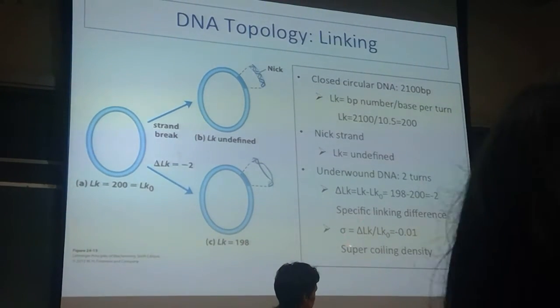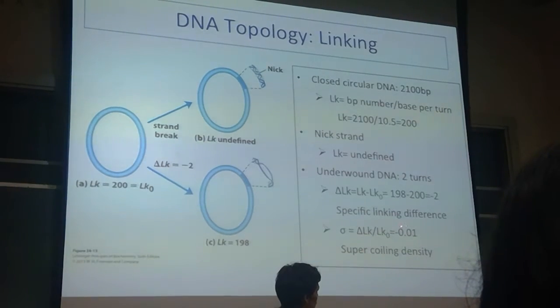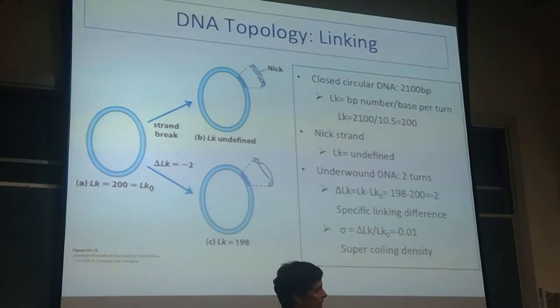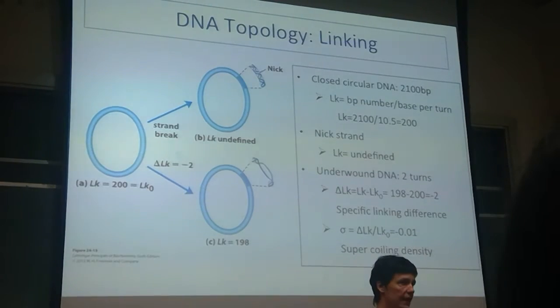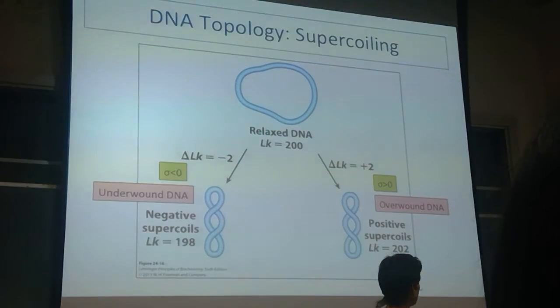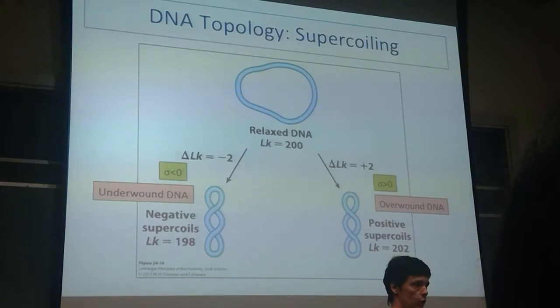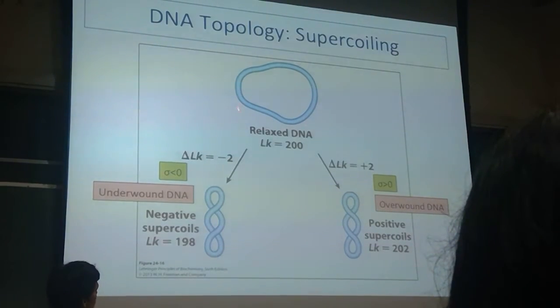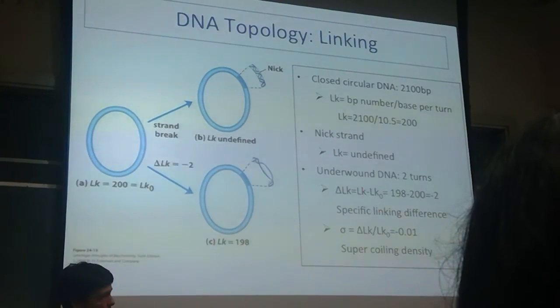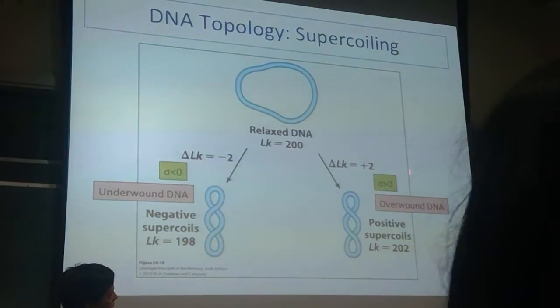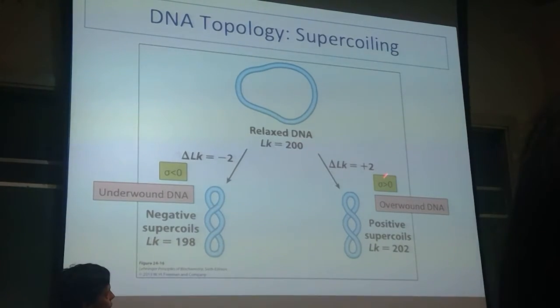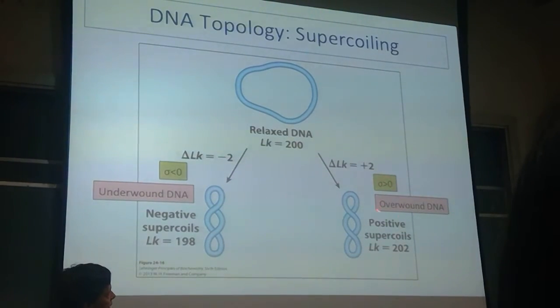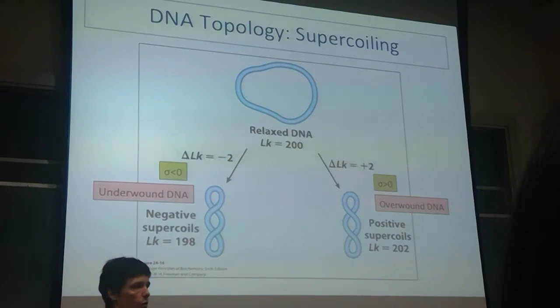Sigma is the delta linking number divided by Lk0, here minus 0.01. If this is negative, it's negative supercoiling; if it's positive, it's positive supercoiling. Negative is underwound, positive is overwound. So with this 200, if you have a delta Lk of plus 2, your superhelical density is positive, your DNA is overwound, and you have positive supercoiling.